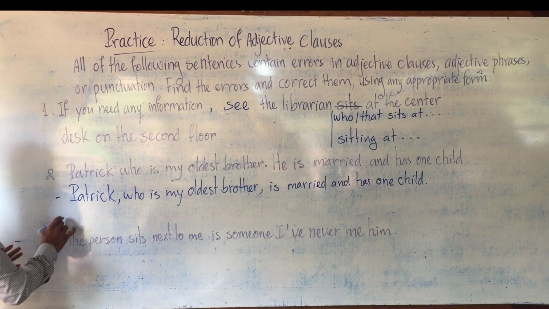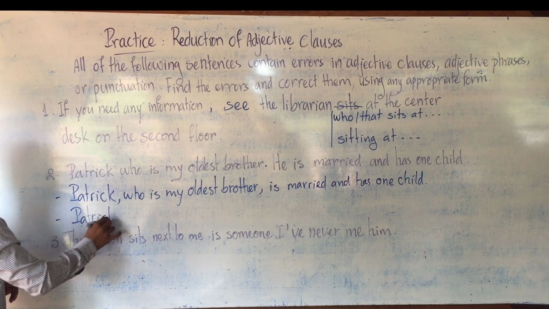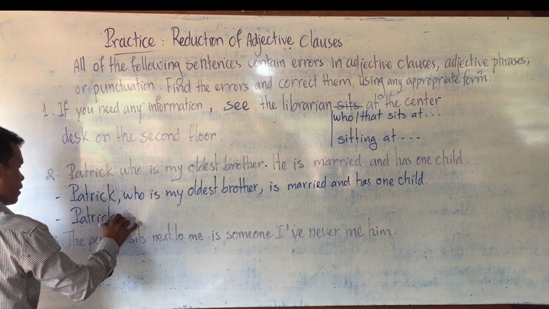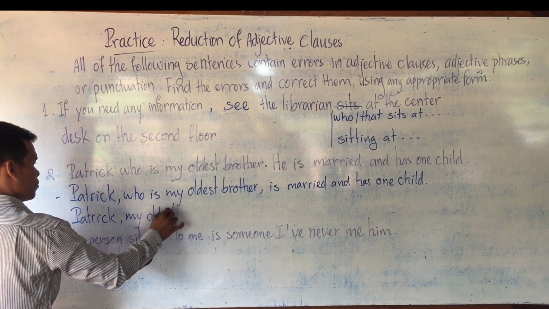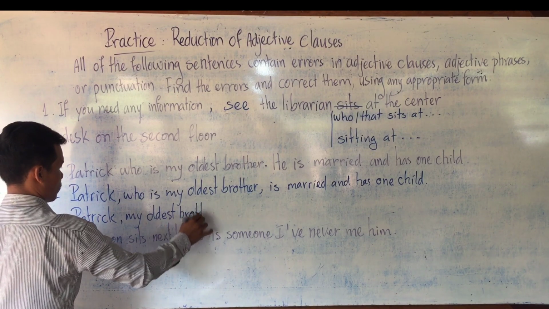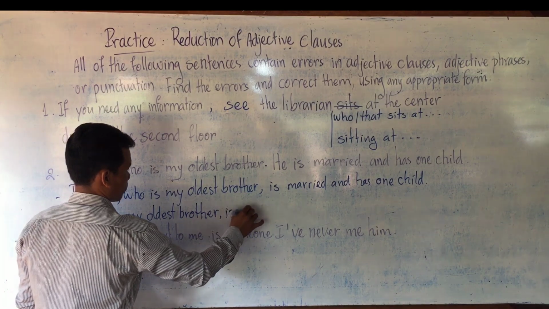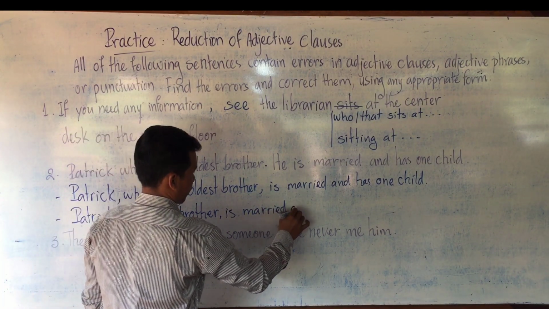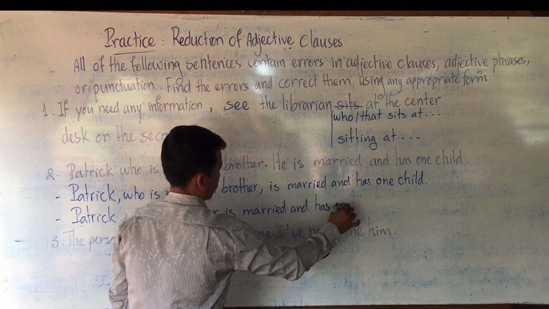One more way we can write like this: Patrick. No need to use who or it at all. Delete it and we can write Patrick, my older brother, comma, is married and has one child.